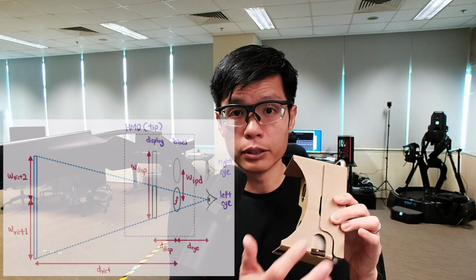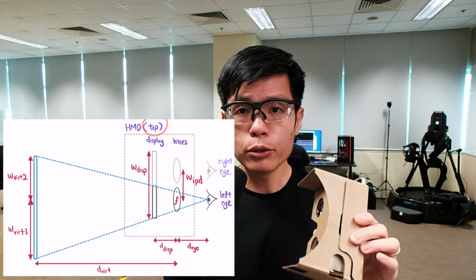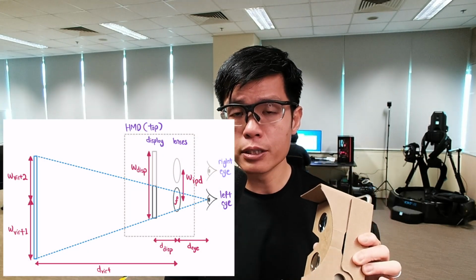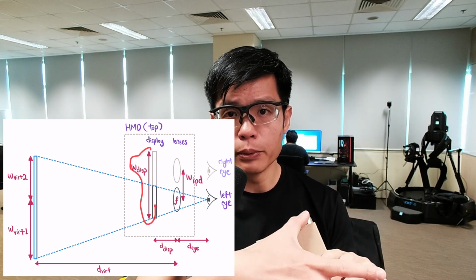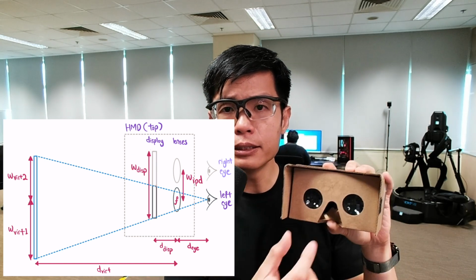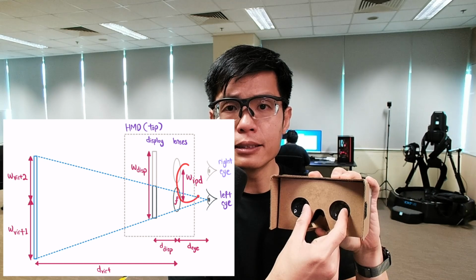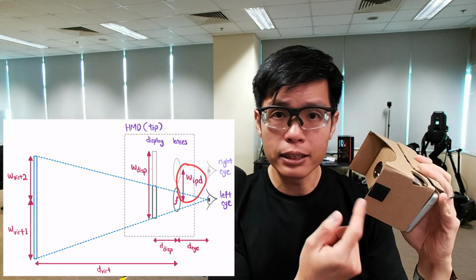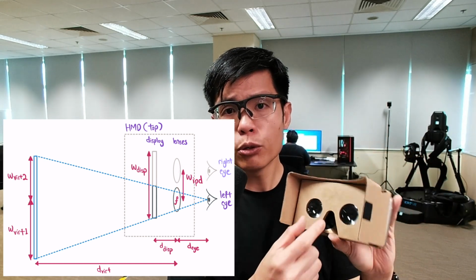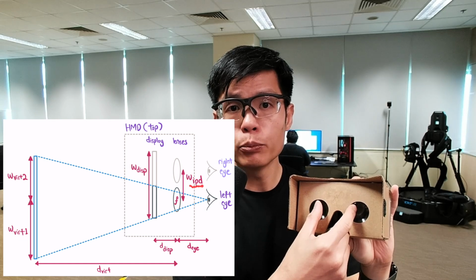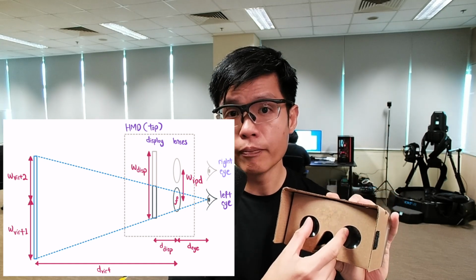Now, to continue our understanding of the image formation process, let's imagine looking at the HMD from the top, like so. We can note now other dimensions like the width of the real display, as well as the distance between the two lenses that each of our eyes view through, which is commonly known as the interpupillary distance, or IPD.